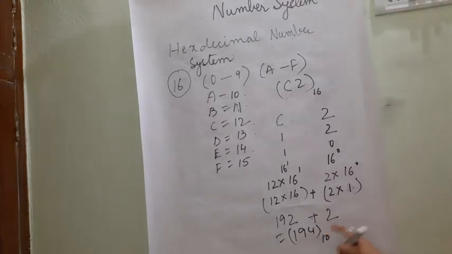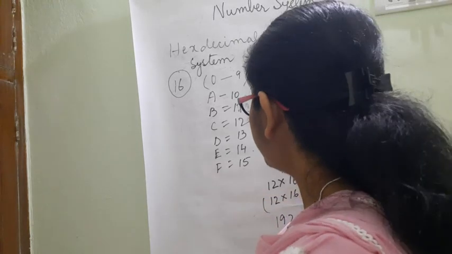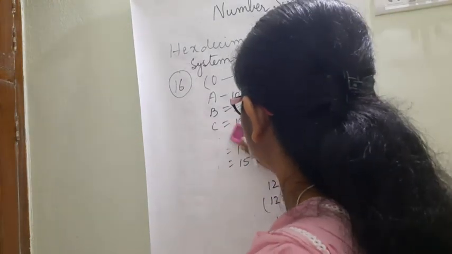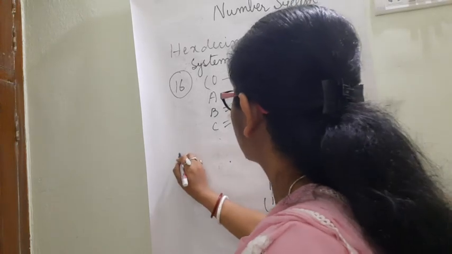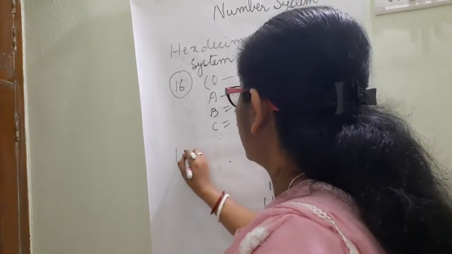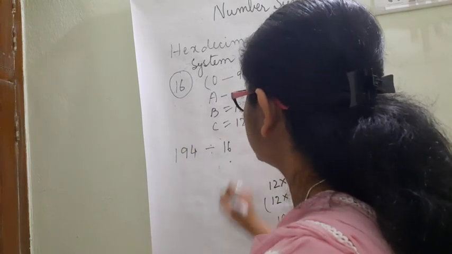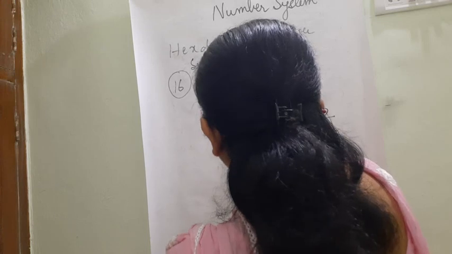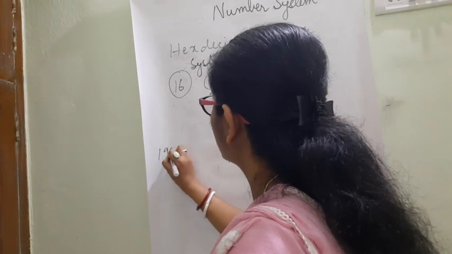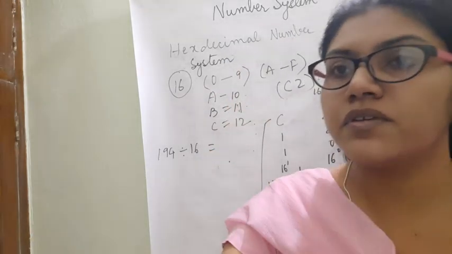Now we will see whether it is correct or not. Let's divide. 194 divided by 16. Let's see how it will be divided.